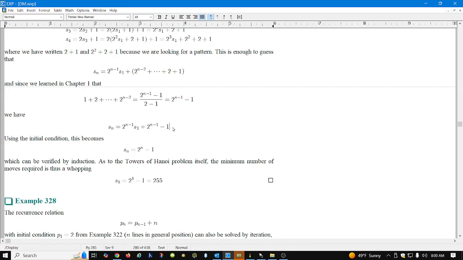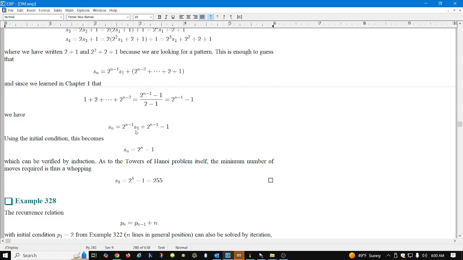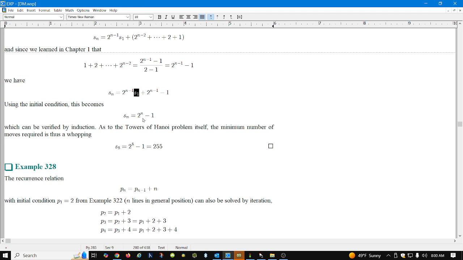But the initial condition S1 equals 1 replaces this S1 here with 1, so we get twice 2 to the n minus 1, or in other words 2 to the n, but we have minus 1 here. So this we can check by induction. For the actual towers of Hanoi problem, there are 8 rings, and so there are 255 moves required to complete the towers of Hanoi puzzle.